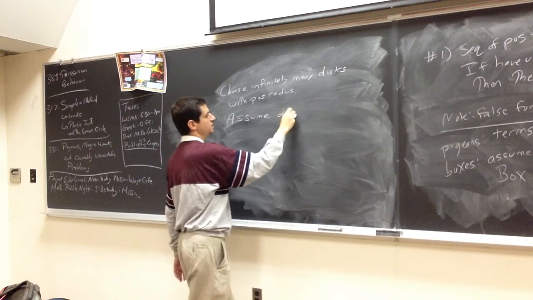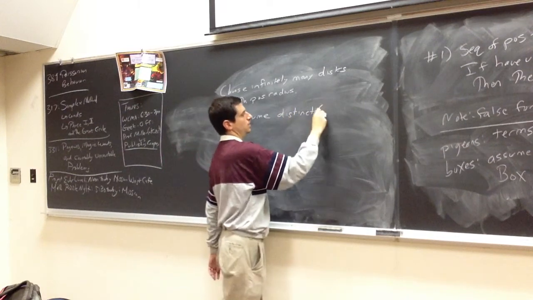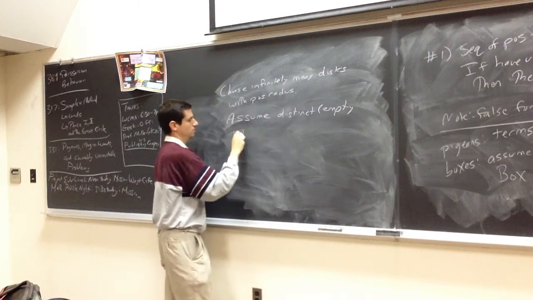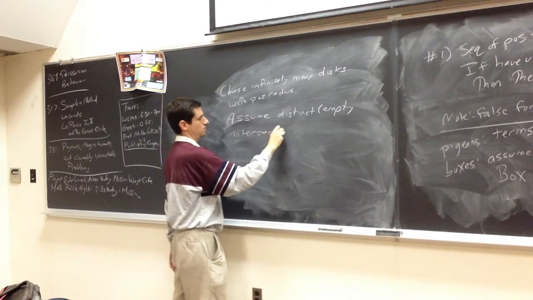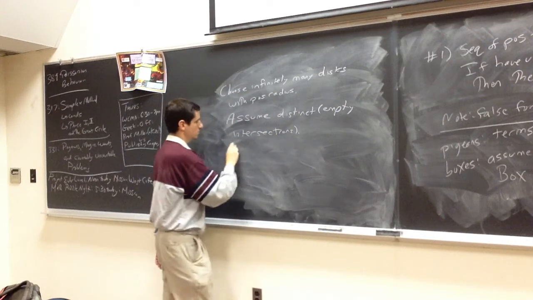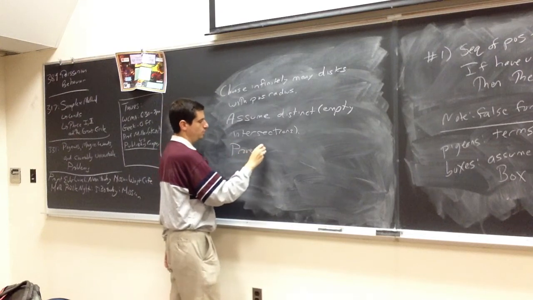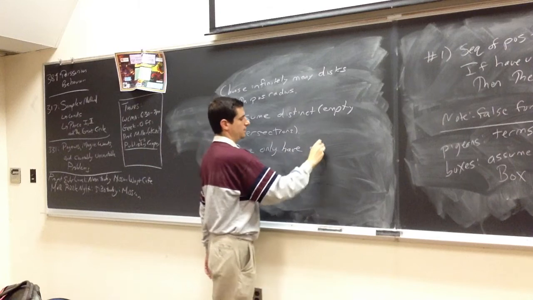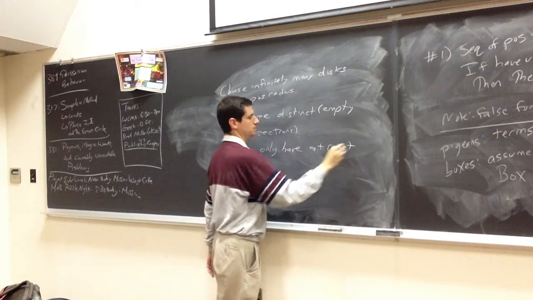Assume they're distinct, with empty intersections. Prove you only have at most countably many.